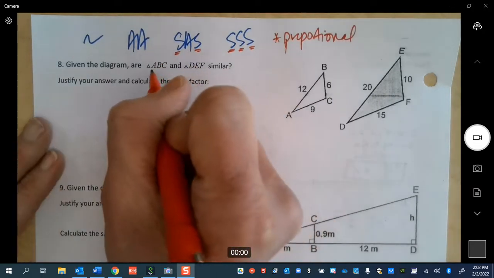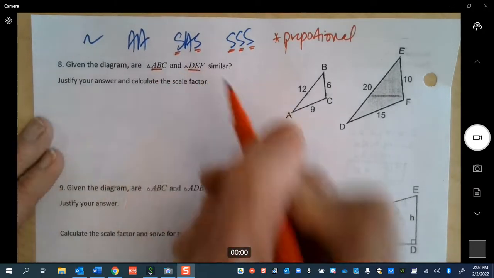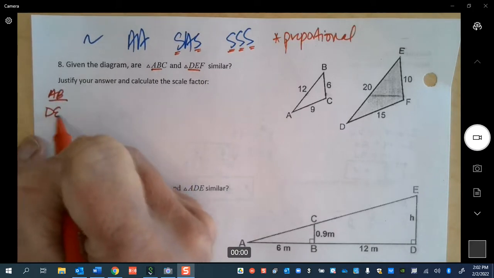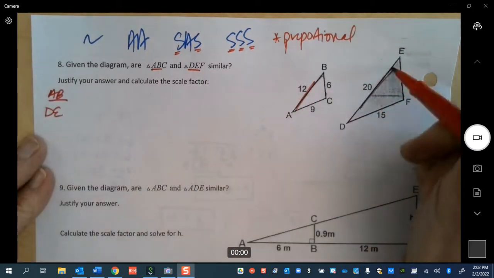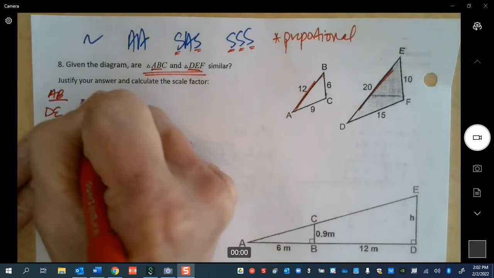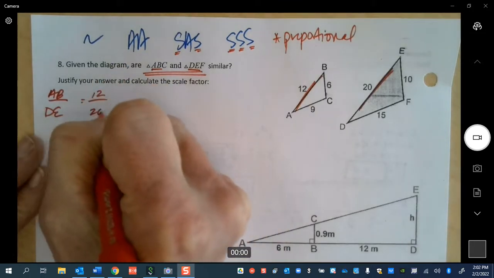So here's how you know what matches up with what. The distance from A to B corresponds to the distance from D to E because that says so in my similarity statement. So AB is 12, DE is 20.